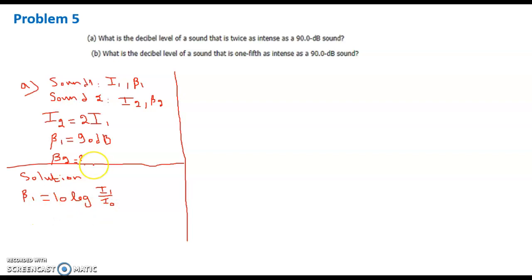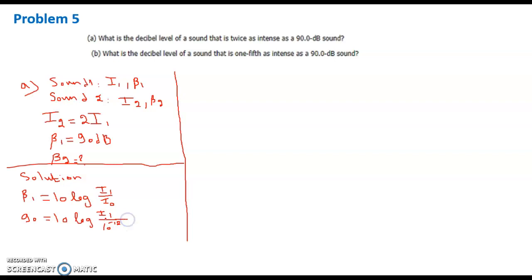Alright, so let's substitute the given. I0 is 10 power minus 12 watt per meter squared. So beta 1, 90 decibel, equals 10 log I1 by 10 power minus 12 watt per meter squared.